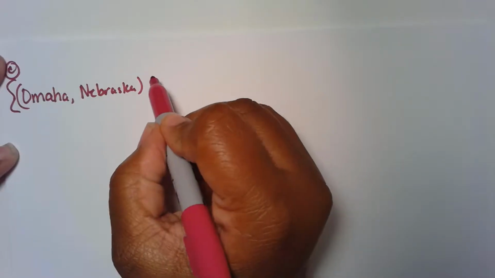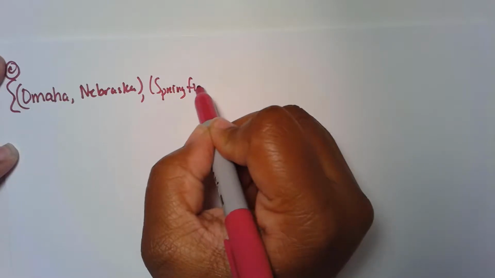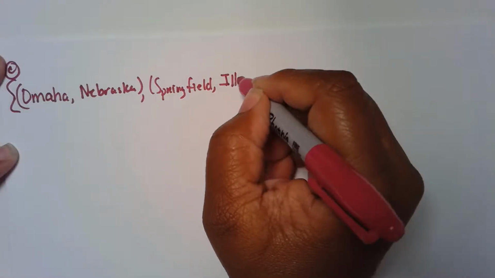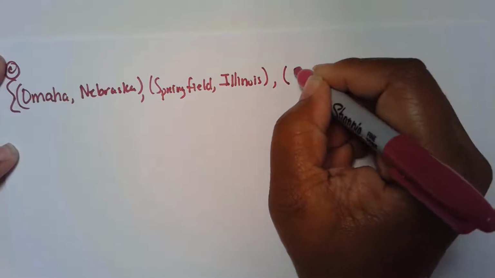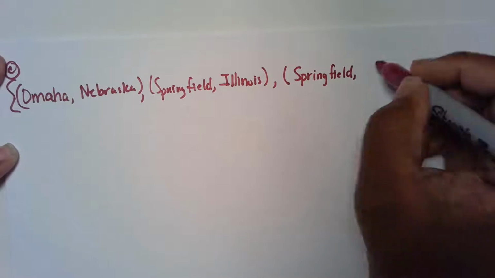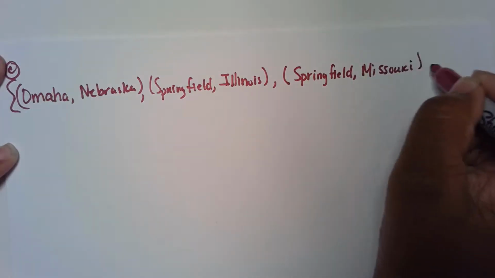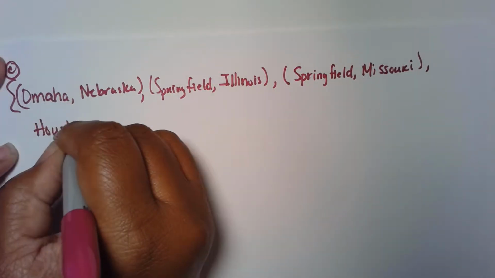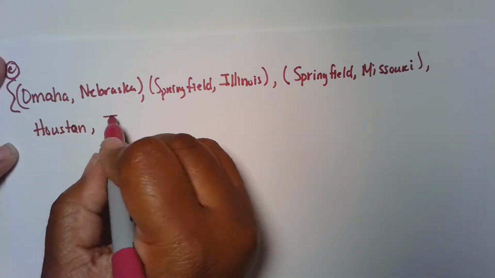We have Springfield, comma, Illinois. We have Springfield, comma, Missouri. In one more ordered pair, we have Houston, comma, Texas.